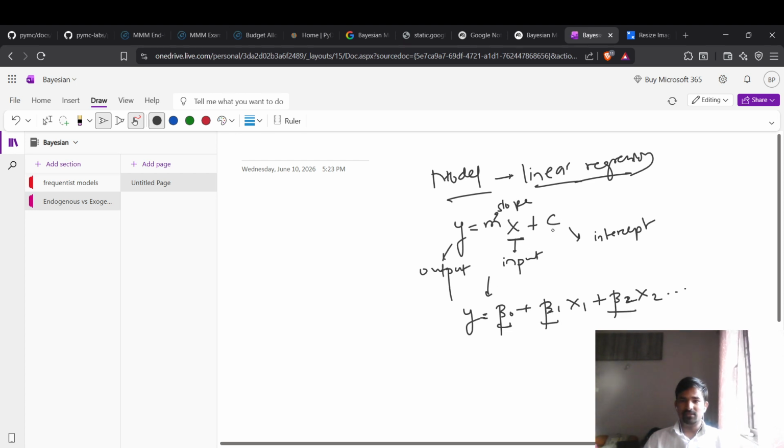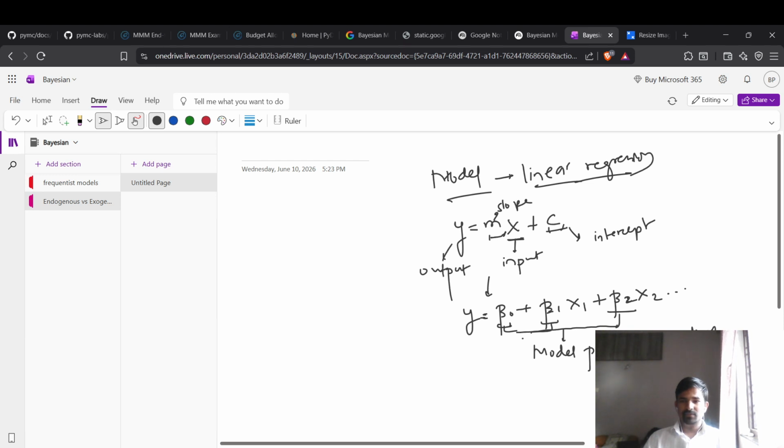Beta naught is nothing but the intercept, which is c, and beta 1 is the slope here, and it continues. So these are the model parameters. When we say we're trying to build a model, our core objective is to find these model parameter values.